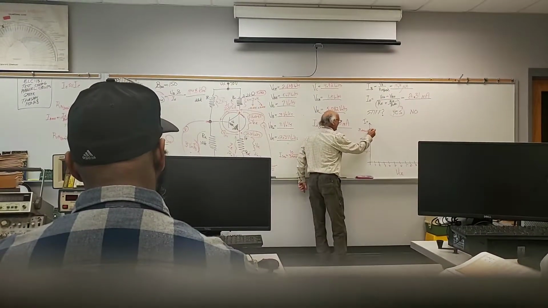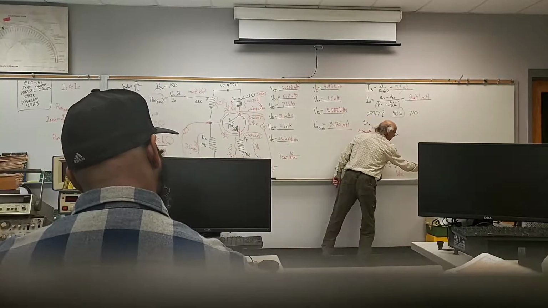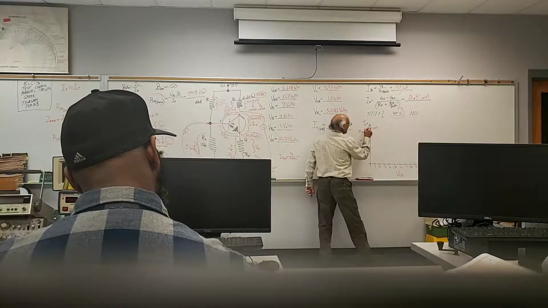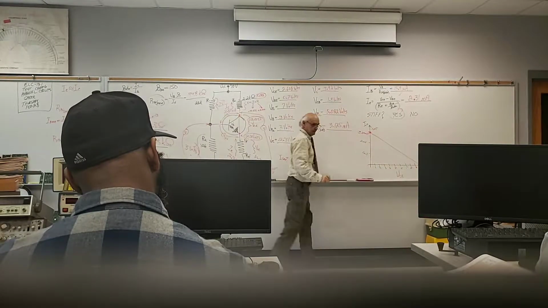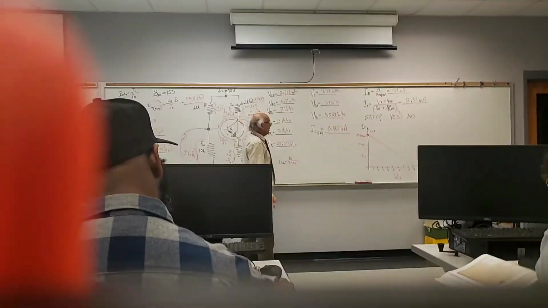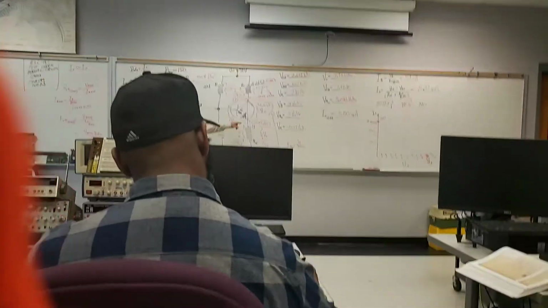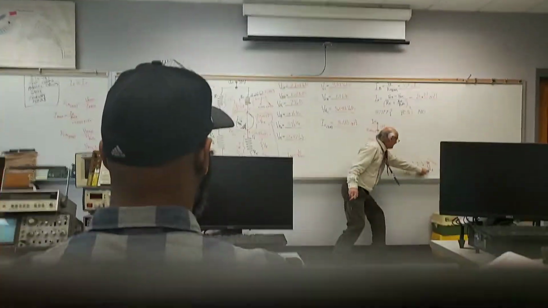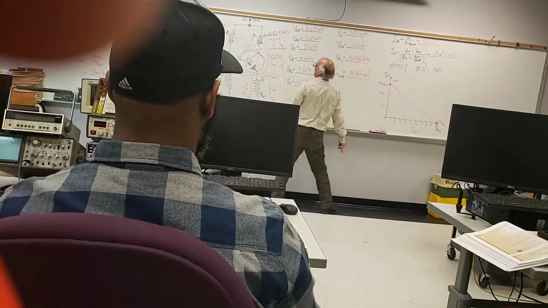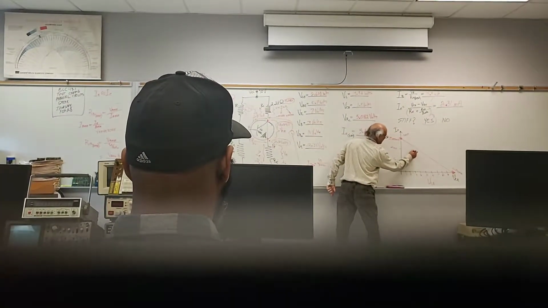Okay? You draw the load line from the saturation point to the cutoff point. Just like that right there. There's your load line. Where on that load line am I idling at? Well, the voltage at the collector measured from the emitter is 2.6 volts. So that's going to be somewhere about right there.